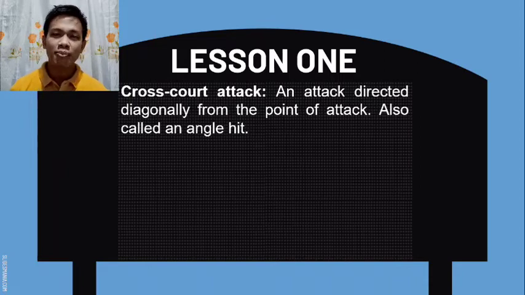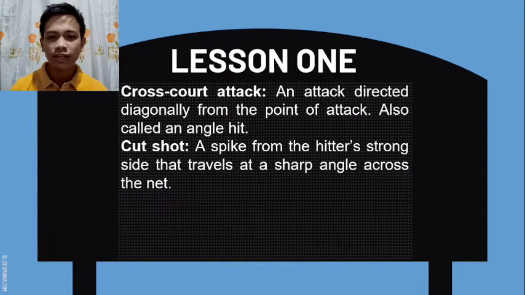So normally, it happens, kunyari, nasa left yung spiker ng court nila. This spiker normally attack doon naman sa left side rin ng kalaban. So imagine niyo na lang na nasa left yung spiker attacking cross court sa left side. Point of view ito ng kalaban niya nasa left part or nasa left side ng court nila. That's cross court attack.